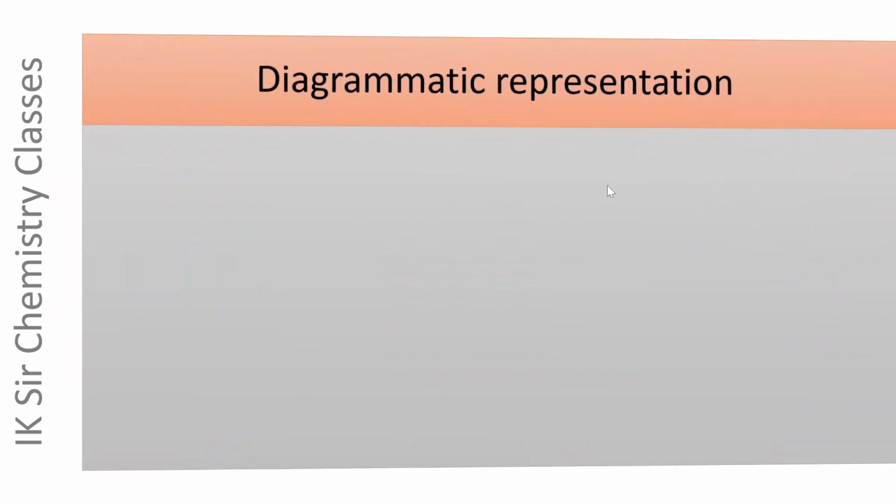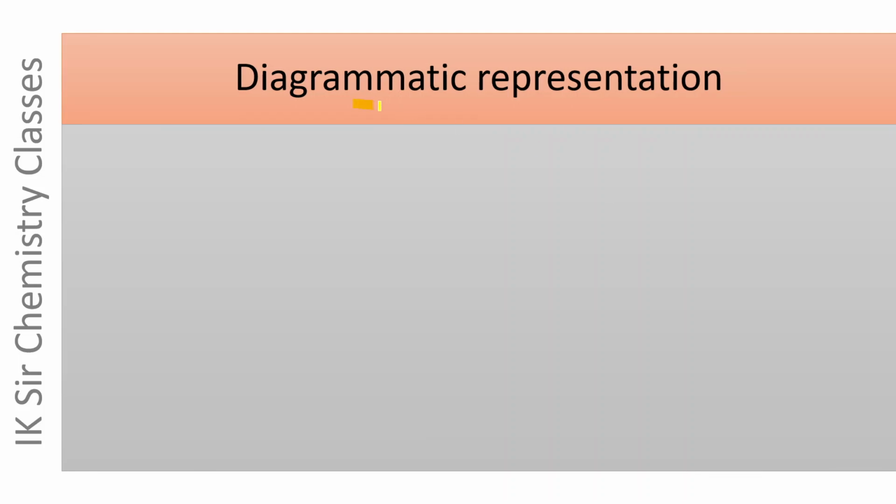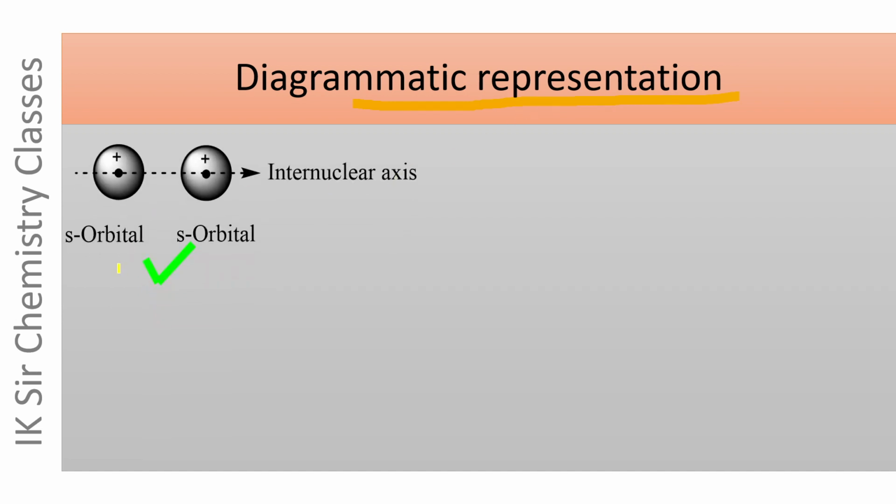Let us illustrate it taking a few examples by representing them diagrammatically. This is 1s. This is s atomic orbital. This is also s atomic orbital. Both of these have positive wave function sign.